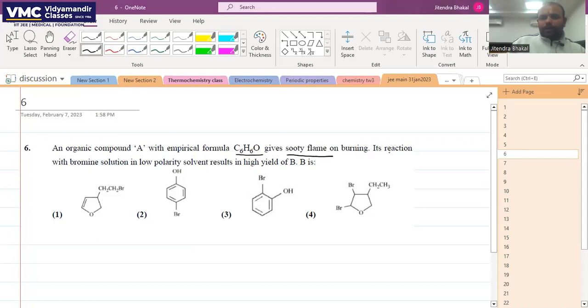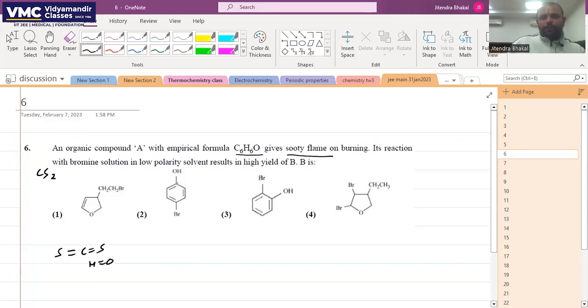Then its reaction with bromine solution in a low polarity solvent. Now, low polarity solvents like CS2, the dipole moment for CS2 is 0, mu is 0. So it is a low polarity solvent. It results in a high yield of B. Now, the major product we need to identify.